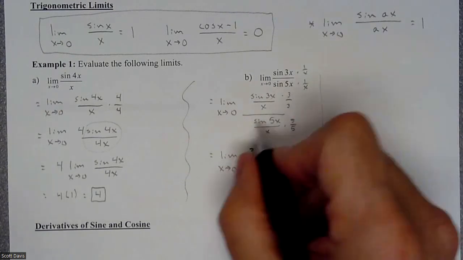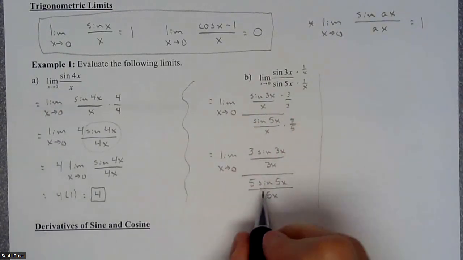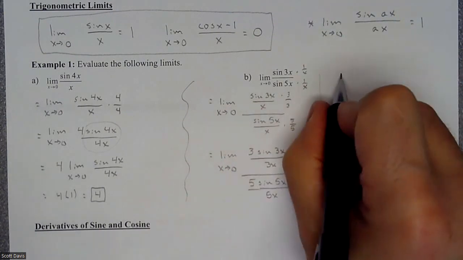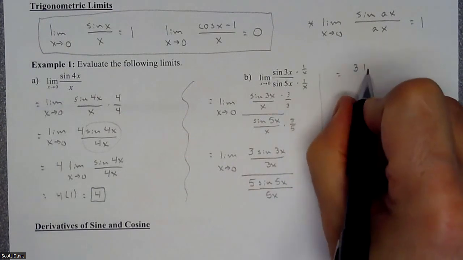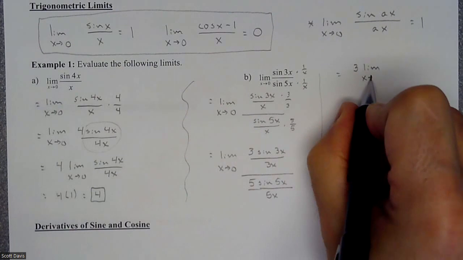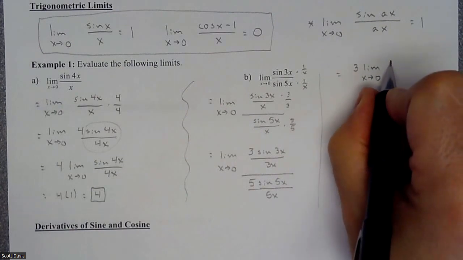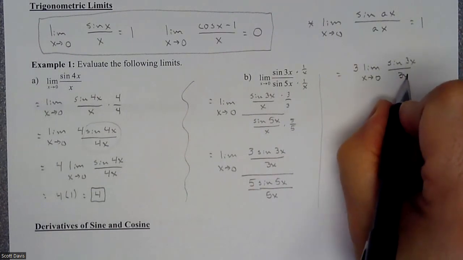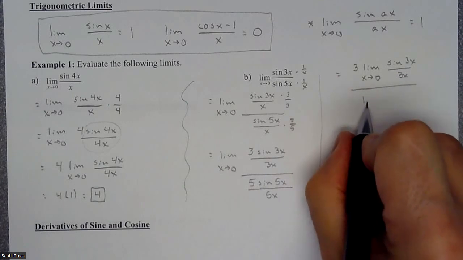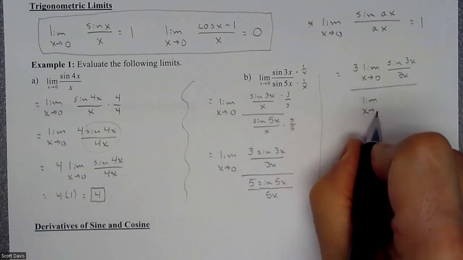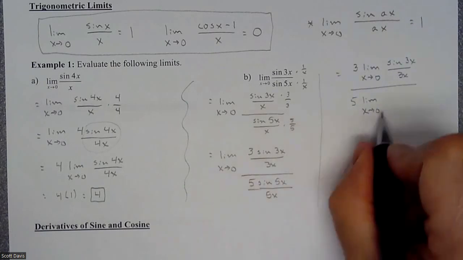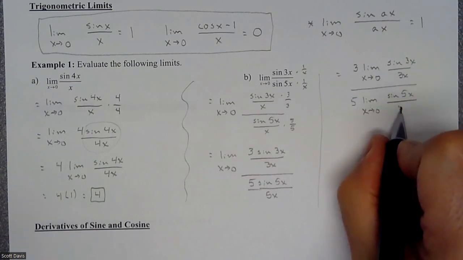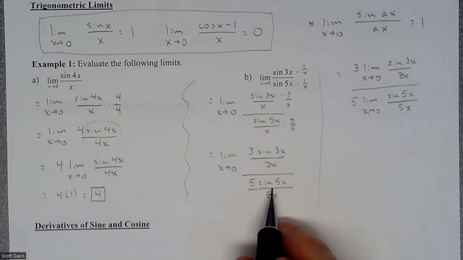Because it's a division, and maybe we should have done that at the beginning, we can independently do this. So we can pull the 3 in front, and we can also treat the top and the bottom independent of each other. So the limit as x approaches 0 of sine 3x over 3x, over the limit as x approaches 0 of sine 5x over 5x, with the 5 pulled off.